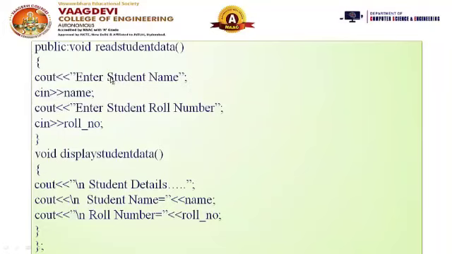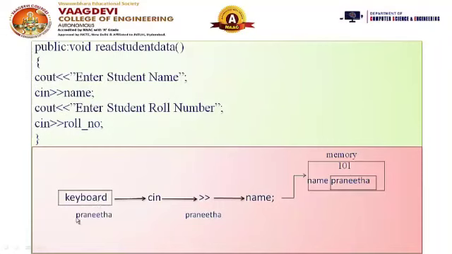The statement cout will print the data on the monitor by using the cout object. The cin object reads the value from the keyboard. For example, this is the data that I am reading from the keyboard and sending to the extraction operator, which then stores the value in the variable name.